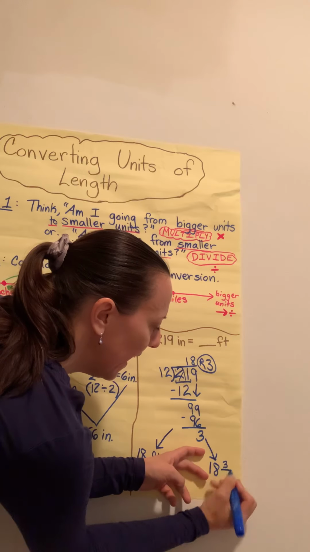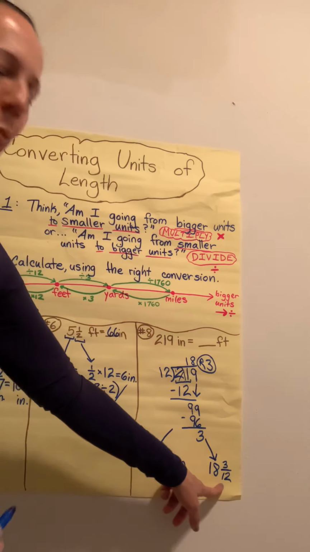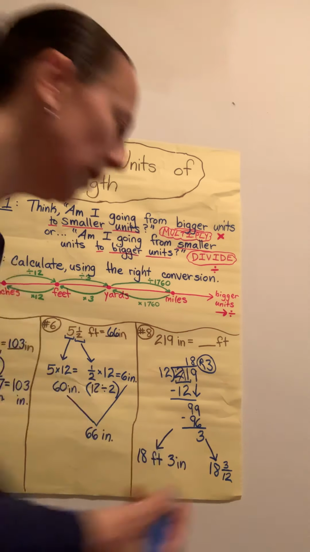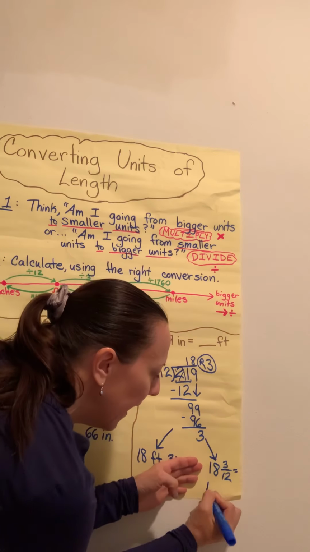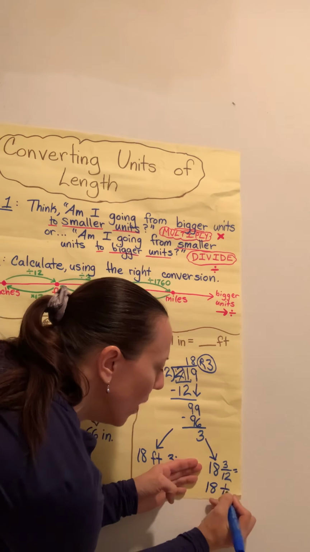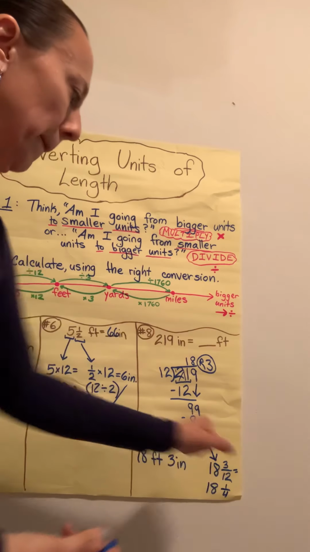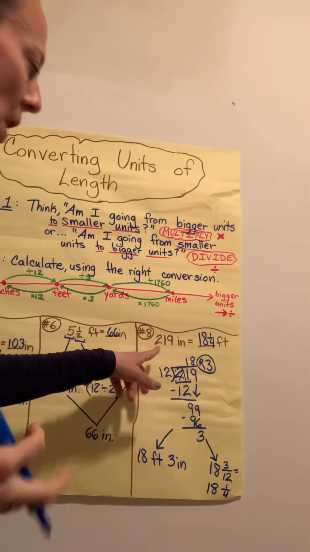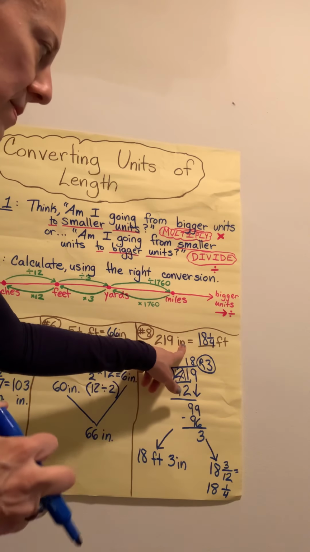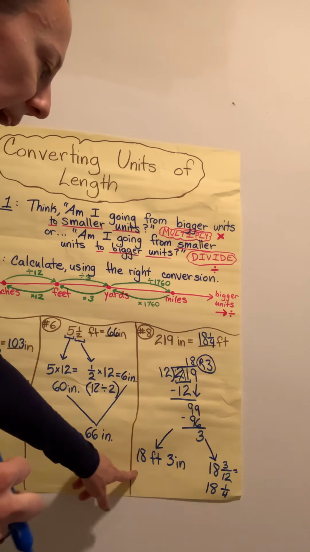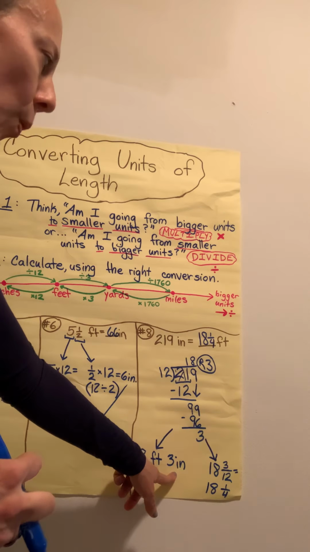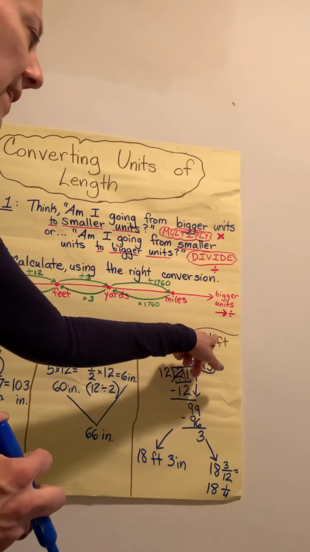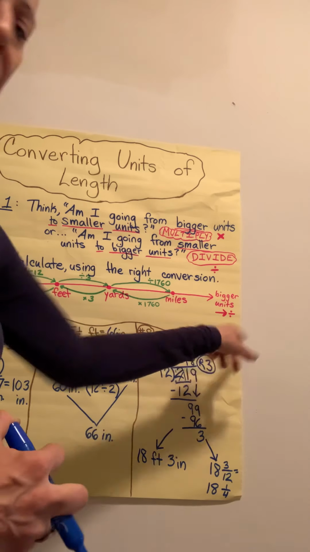So that would be 18 and 3/12 feet, or in simplest form, 18 and 1/4 feet. So 219 inches, I could call it 18 feet 3 inches, or I could call it 18 and 1/4 feet.